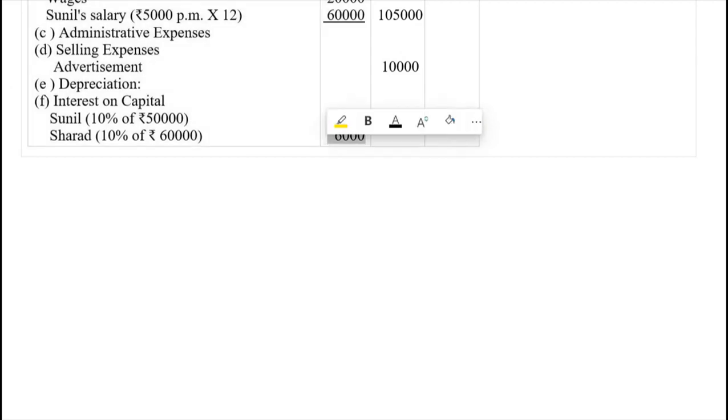Total interest on capital will be 11,000.